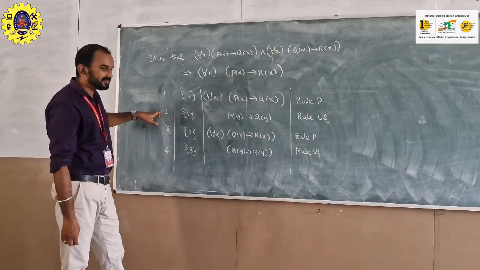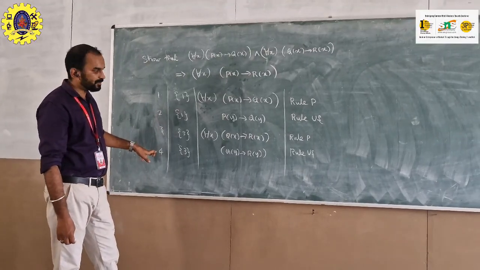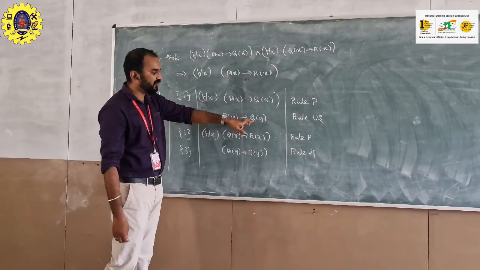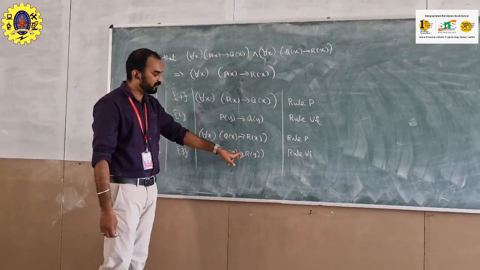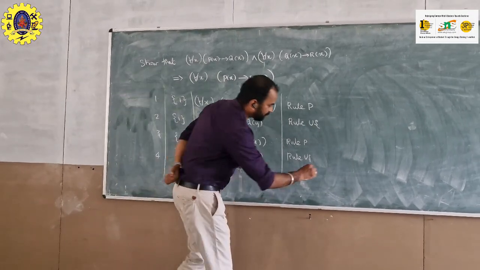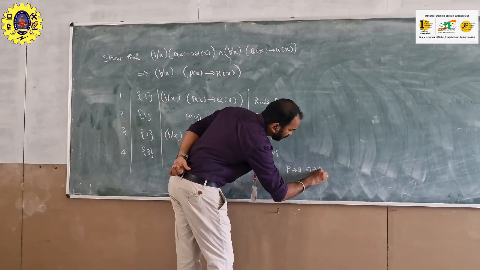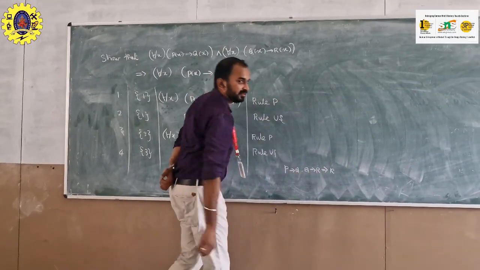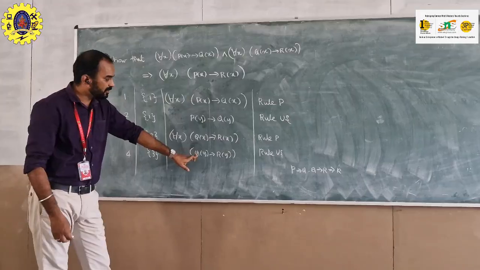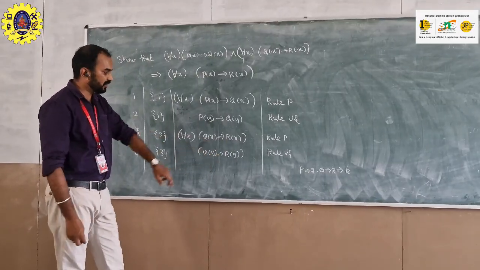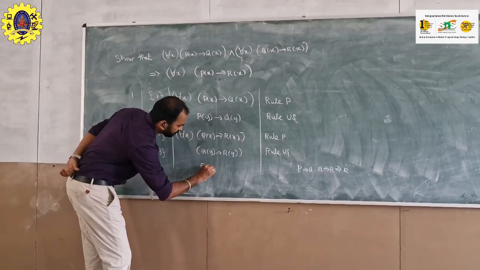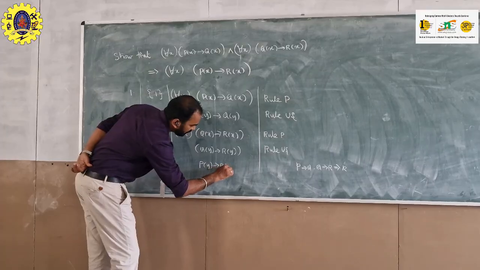Now consider step 2 and step 4. See, P(y) → Q(y), Q(y) → R(y). We have the formula: P → Q, Q → R can be written as P → R. So P(y) → R(y).